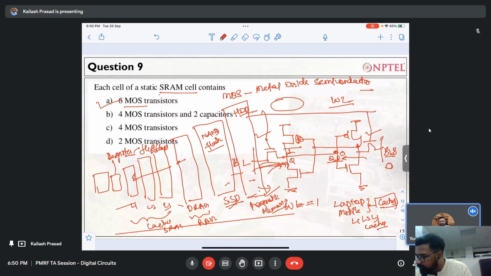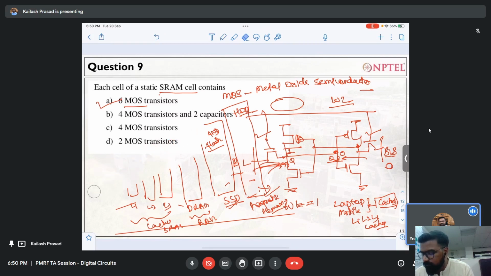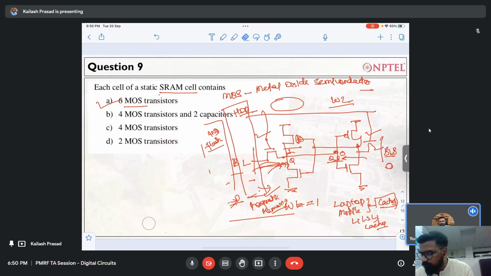Everybody knows about the CD drive, right? Whenever you want to write into a CD, if this is like a CD drive, you store data permanently like this. There is one knob which runs, and by using a magnetic field, you change the data inside like this.